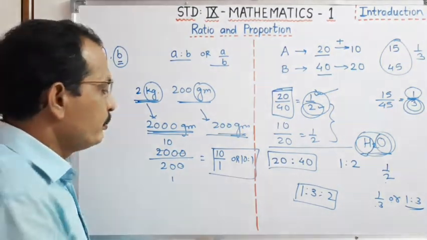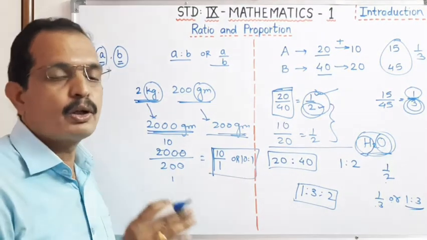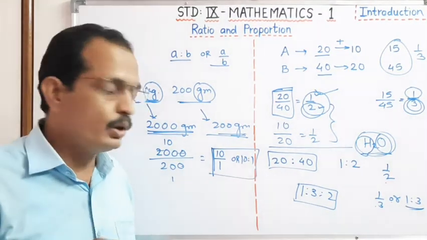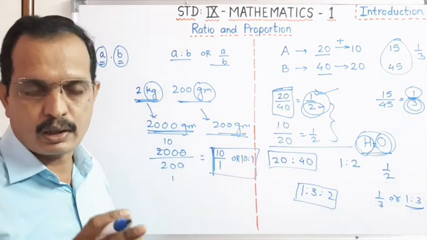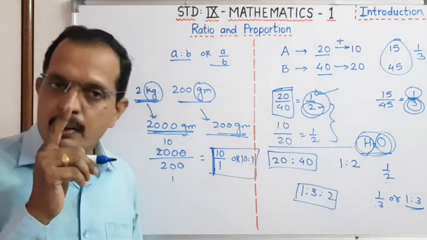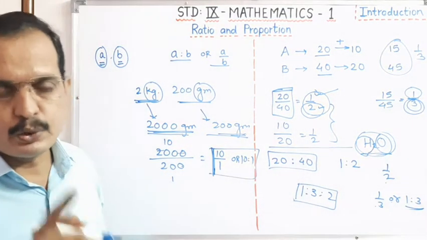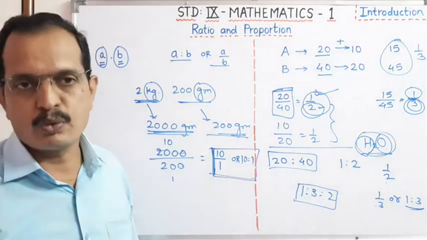Remember this point, because ratio is in the form of multiples. Therefore, it is not necessary to write the unit for that particular ratio. Remember this: when we have to find out the ratio of any two quantities, after getting the ratio we do not have to write a unit for that.